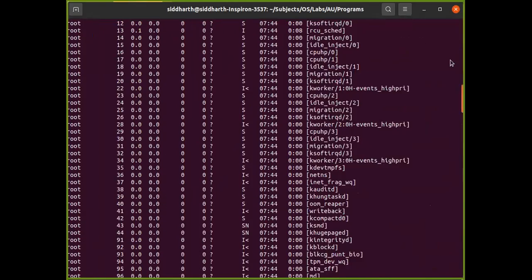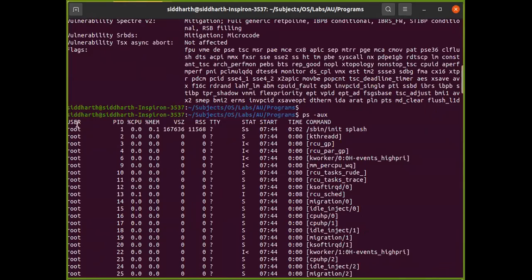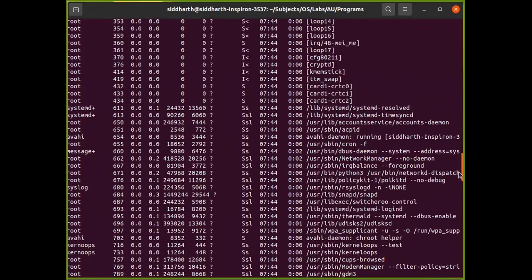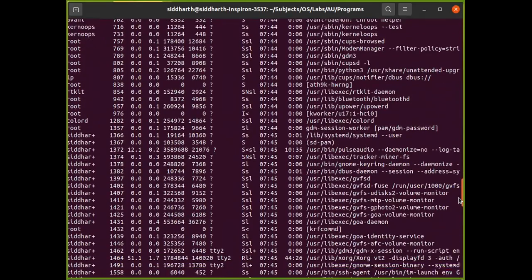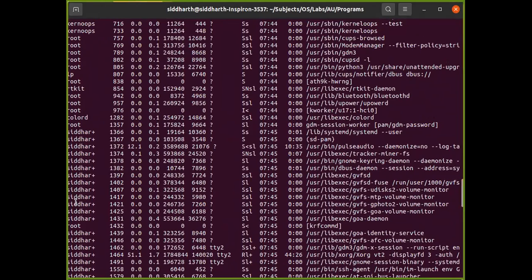And what information does it provide? First of all, it gives you which user has started that process. So currently I am the only user who is running, and the root user, that is system. Okay, so root, and you can see my name. I am the user who has started some process, right? So if I see, I can see Zoom.